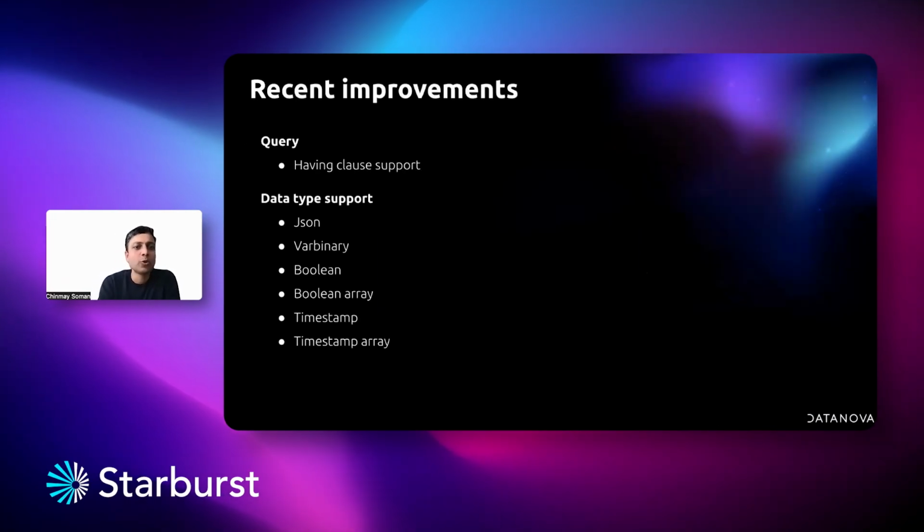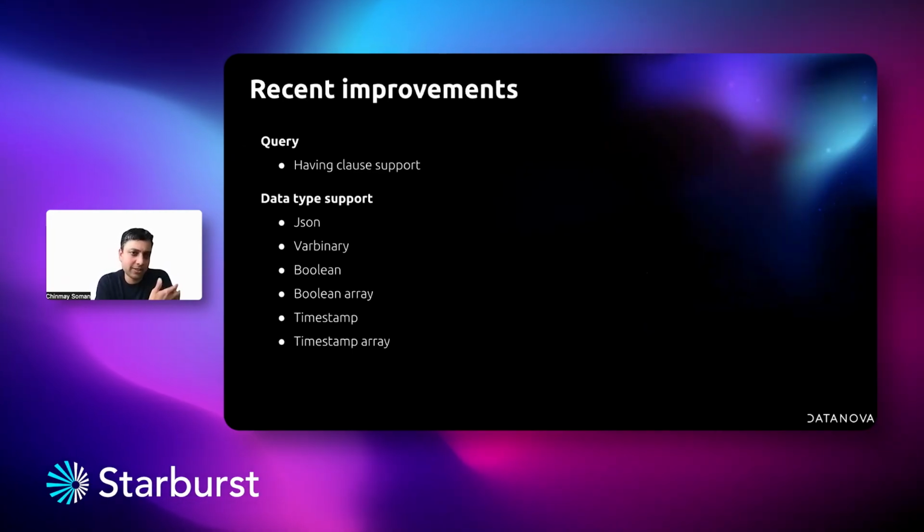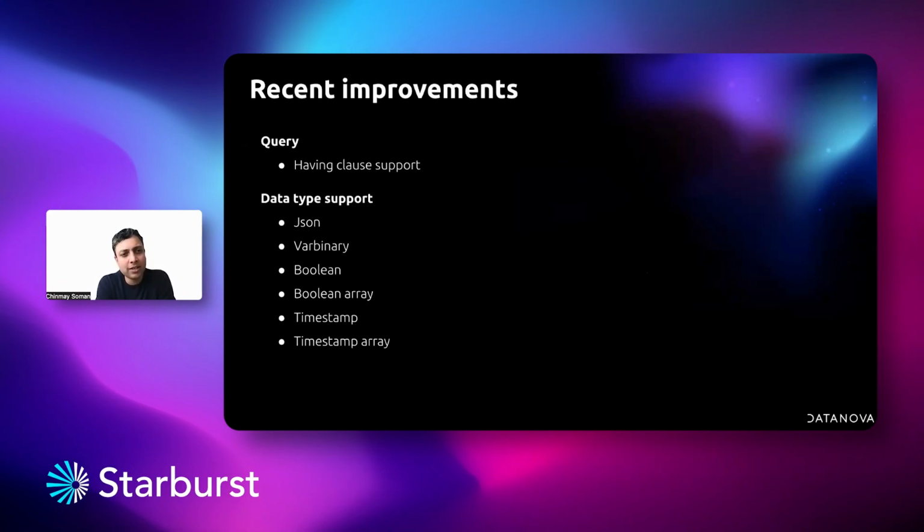Now, let me go through some of the recent improvements that have happened in this connector since the last time Elon and Shang presented this. Recently, on the query side, the team has implemented HAVING clause support in addition to the GROUP BY support, which was already there.